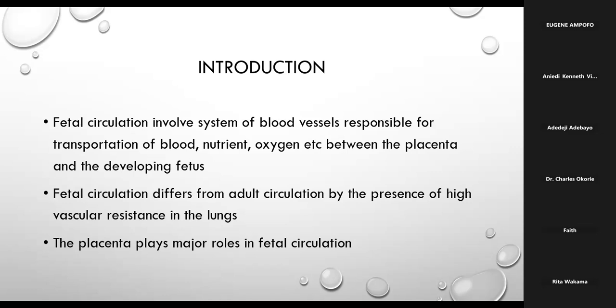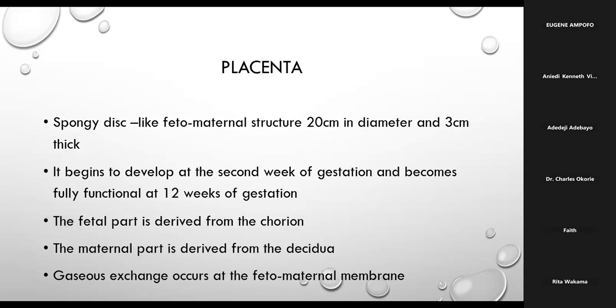It's important to remember that the placenta plays a major role in fetal circulation. By way of refreshing ourselves on the embryology of the placenta, it's a spongy disc-like structure. It's a temporary structure that will be delivered during delivery of the baby as well.